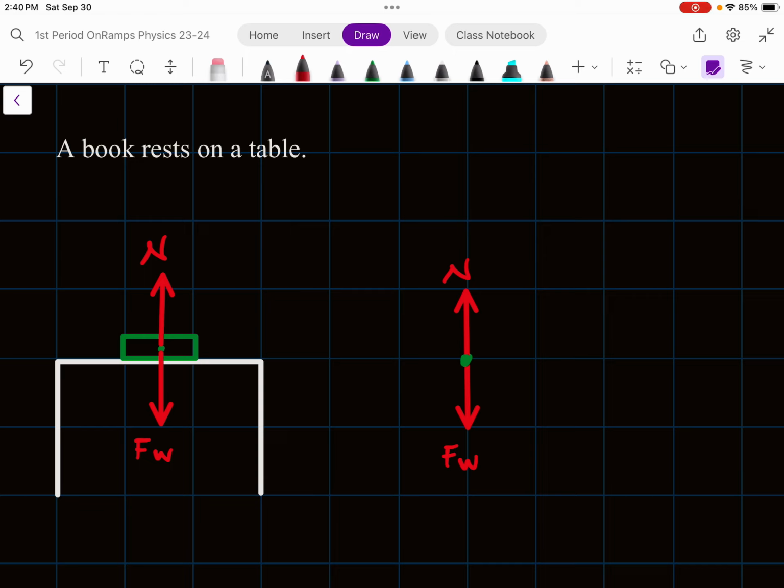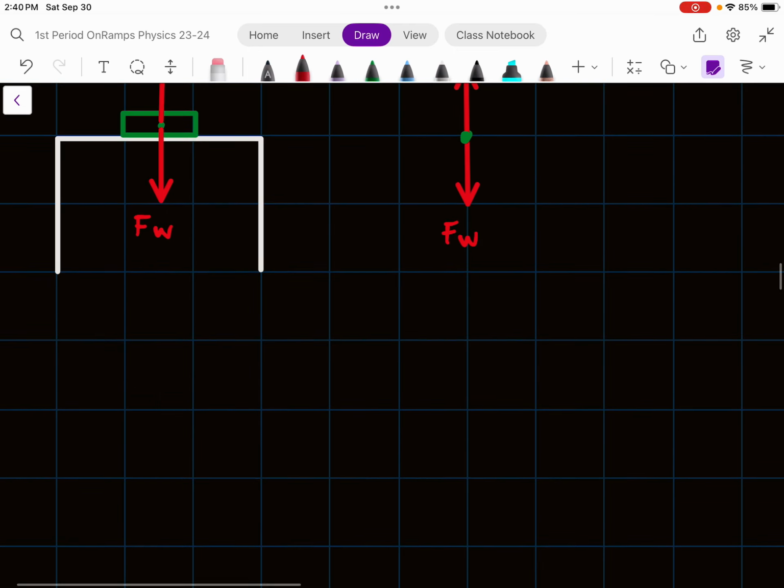I think it's good if we define what the normal force is, because you may think normal in the sense that it is ordinary, but that's not the case. Let's define normal force, okay?